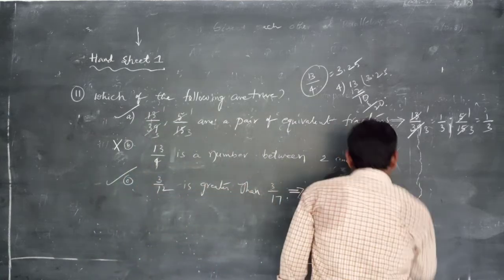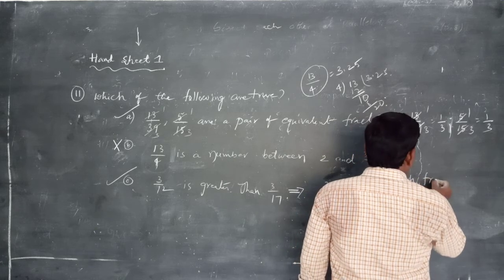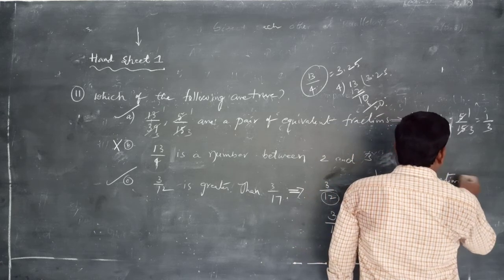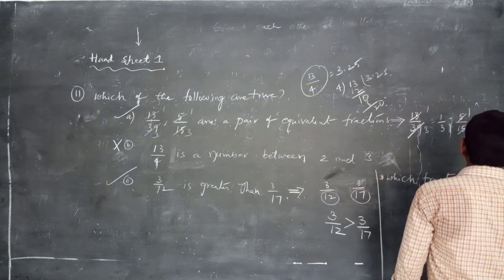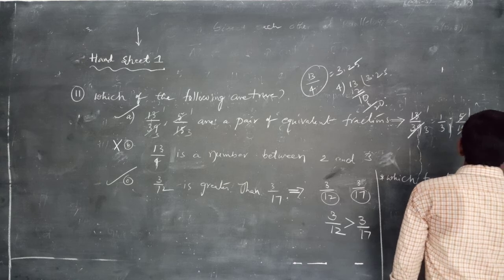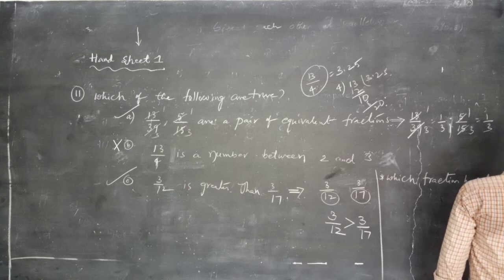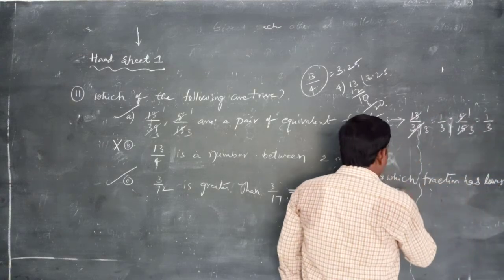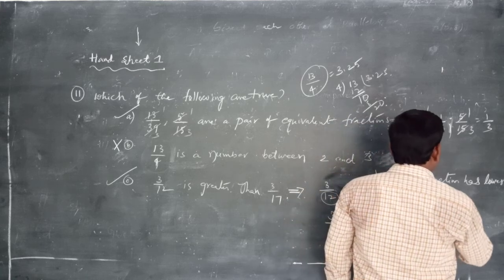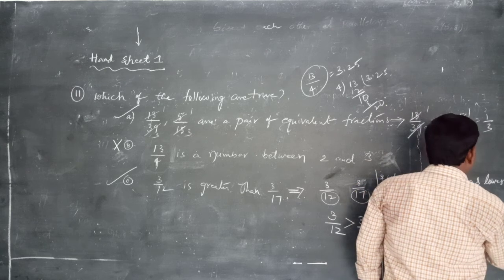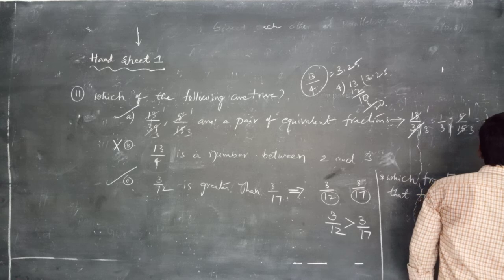By this process, which fraction has the lowest denominator, that fraction is greater than the other.